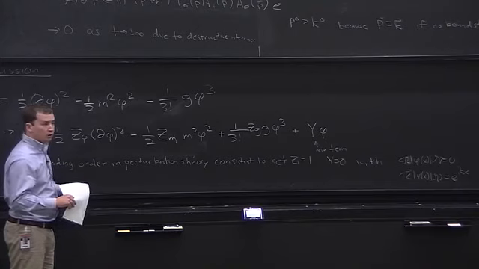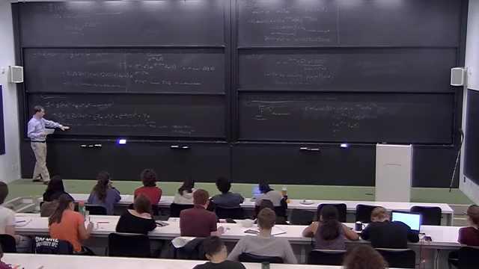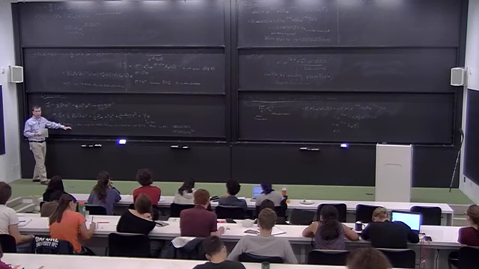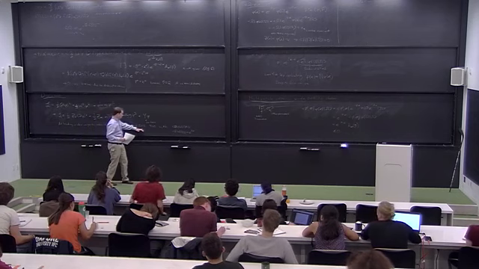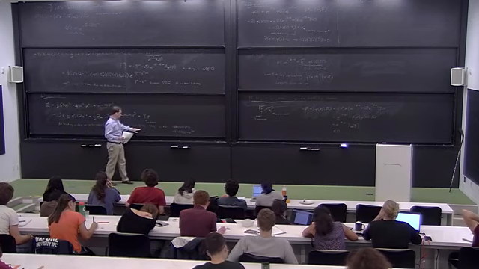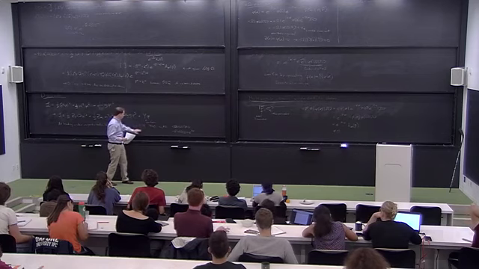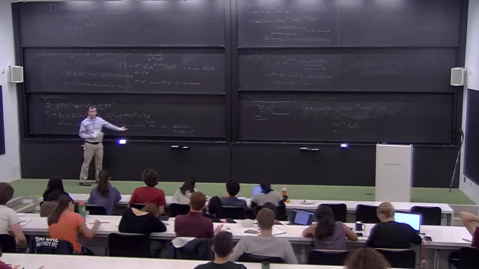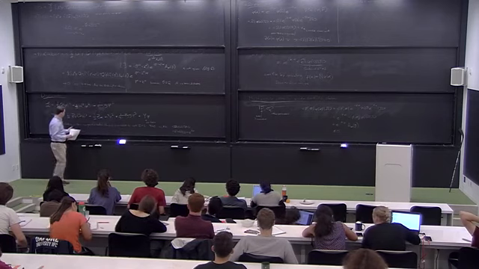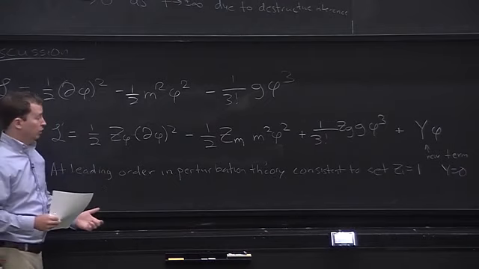So for the next few lectures, we're for the most part going to be working at leading order. I'm going to set y to 0, any new terms we'd get to 0, and these changes in the coefficients to 1. It's okay to do that at leading order. It's not okay to do that beyond leading order.